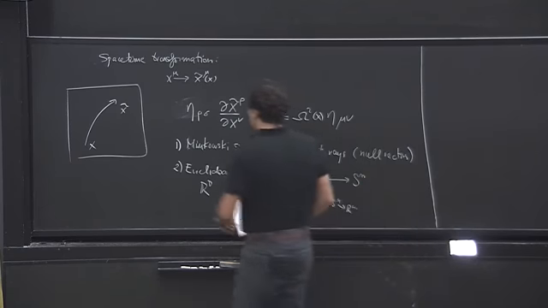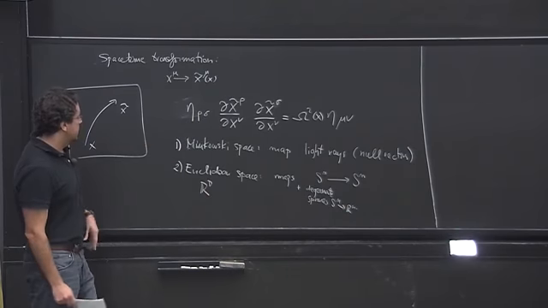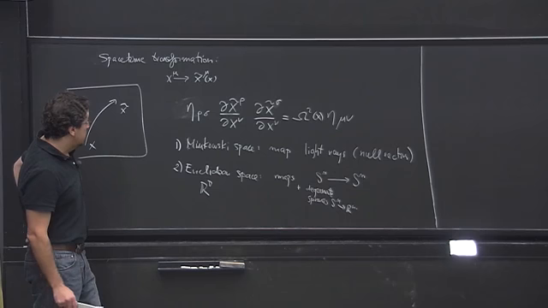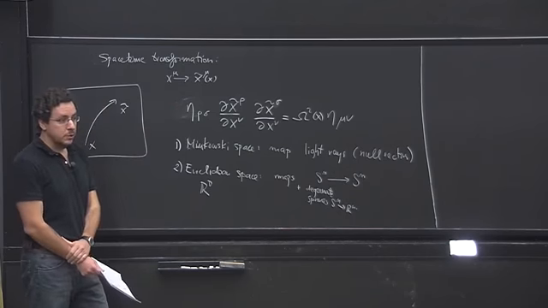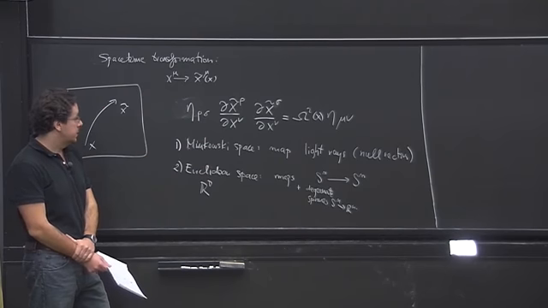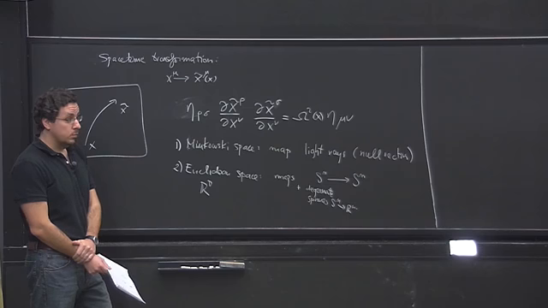And then what we saw is, by studying the infinitesimal transformations, we analyzed the conformal algebra. We saw that the conformal algebra is that of an orthogonal group.